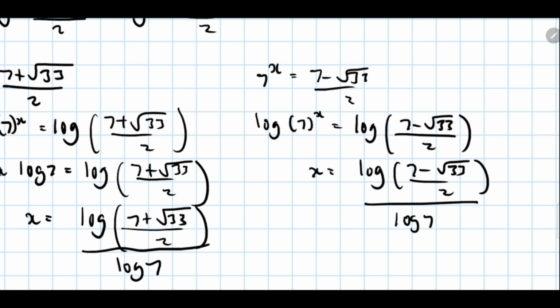Oh, by the way, I forgot to mention, check whether or not this is a negative value. If this is a negative value, then it can't be the answer, because 7 to the power of x, since 7 is larger than 0, has to be a positive value, which means it has to be larger than 0. So if 7 minus square root of 33 over 2 is less than 0, a negative number, then it's not a solution, because it contradicts what we have on the left hand side.